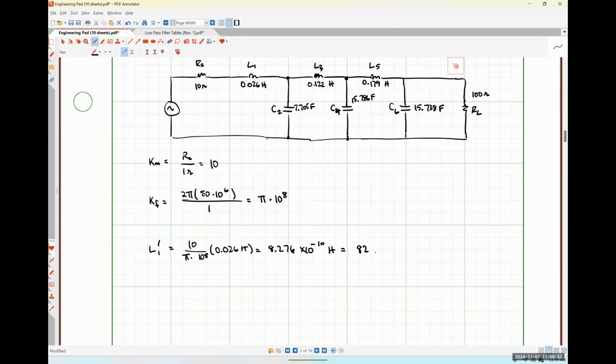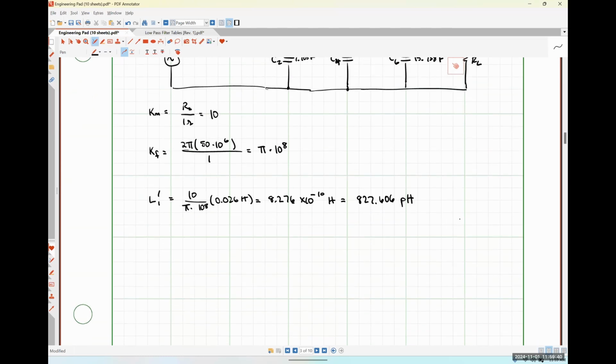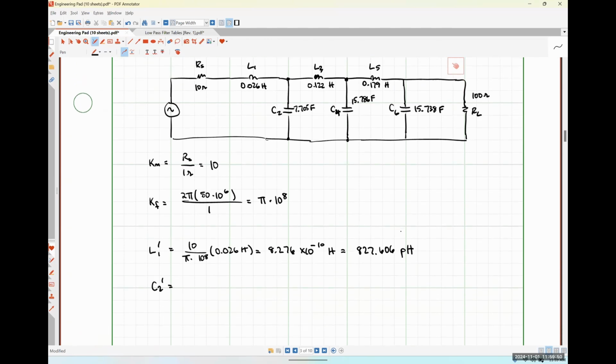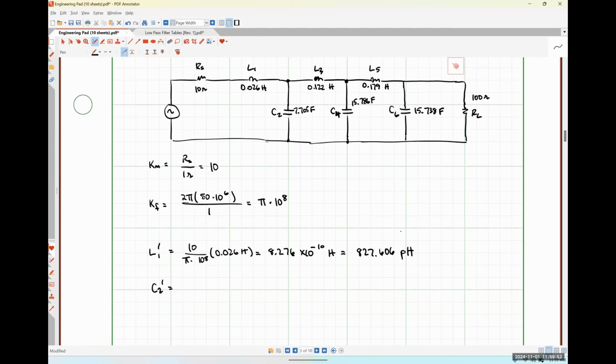Or 827.606 pico henries. C2 prime: that should be 7.705 farads divided by Km times Kf.